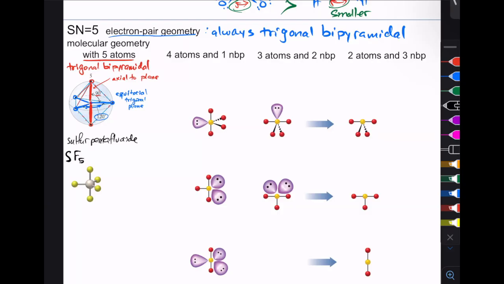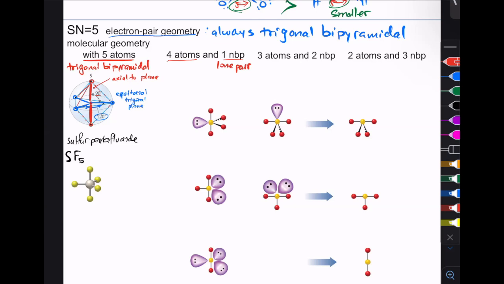Now, let's consider what's going to happen when we have 4 atoms that are bonded and there's 1 non-bonding pair. This is our lone pair. Now remember that the lone pair has a greater sphere of repulsive influence, okay?